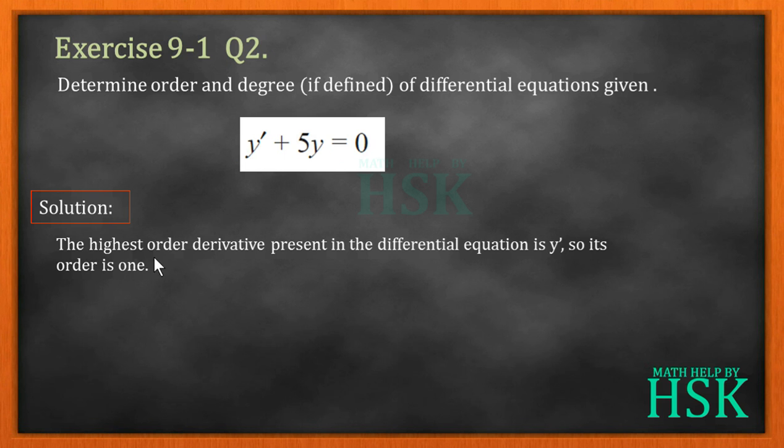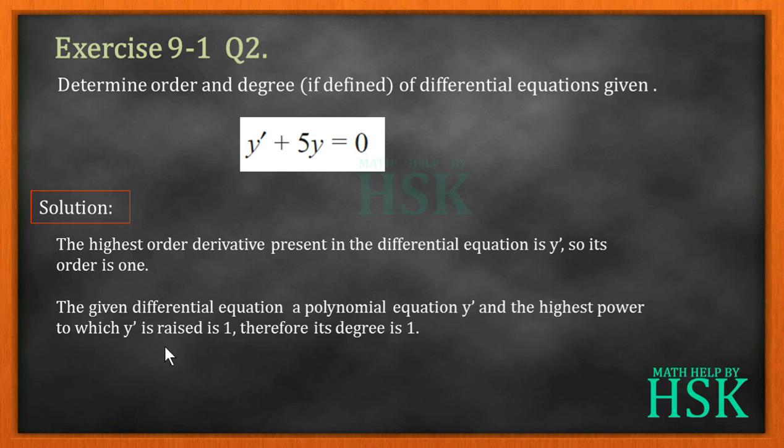So the highest order derivative present is y dash, so its order is 1. The given differential equation is a polynomial equation in y dash, and the power to which y dash is raised is 1. Therefore, its degree is 1.